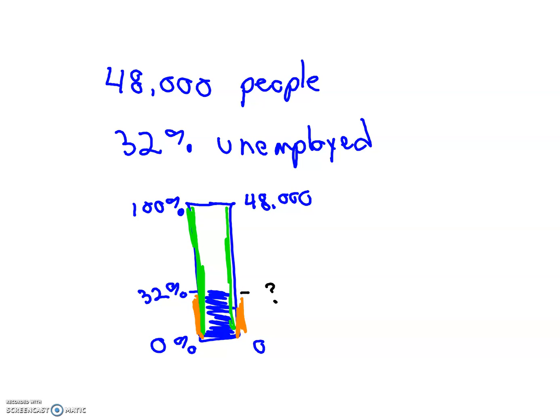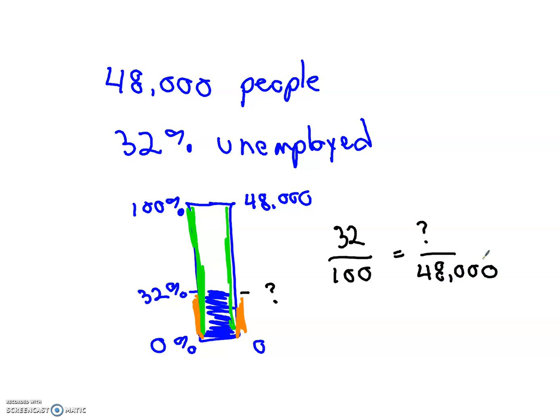Well, how does that help me? Well, what we did was we wrote a proportion or a set of ratios. We said, look, 32 out of 100, which is the orange part over the green part, that's the fraction on the left side, would have to be the same thing as our unknown number of people out of 48,000.